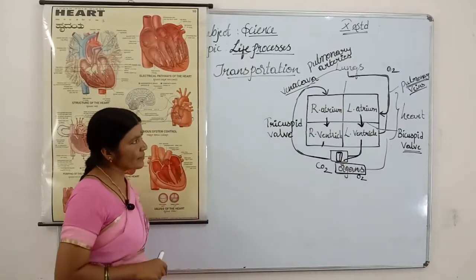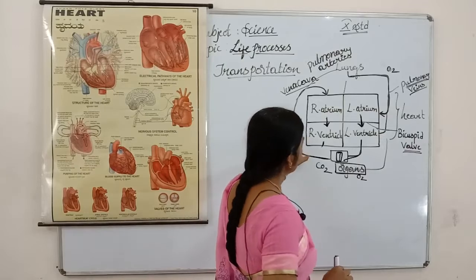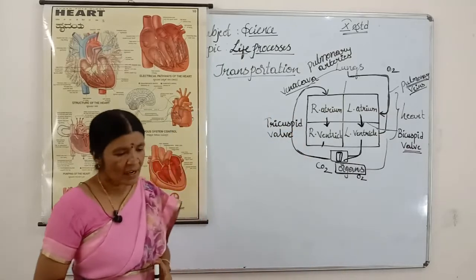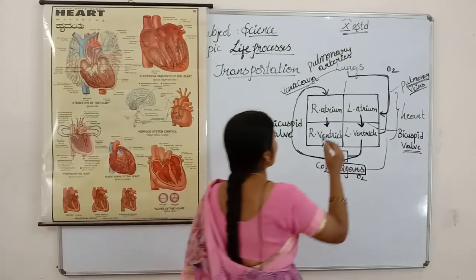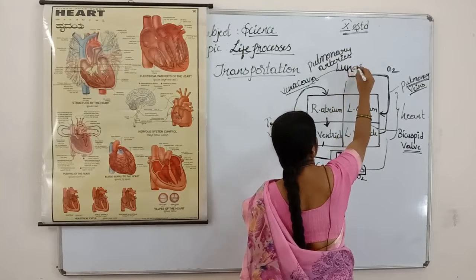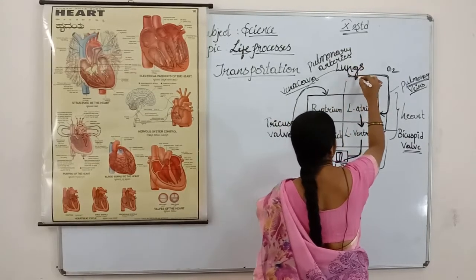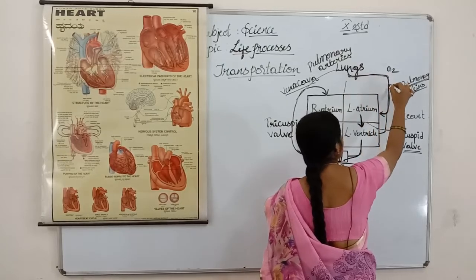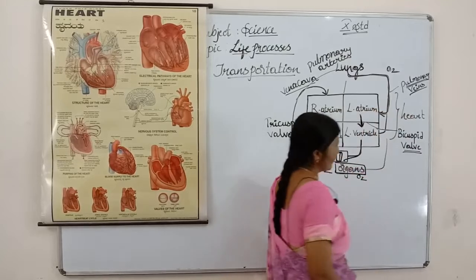Children, I think now you understood this block diagram. I once again repeat. Firstly, from the lungs, the blood carries oxygen and moves towards the left atrium.